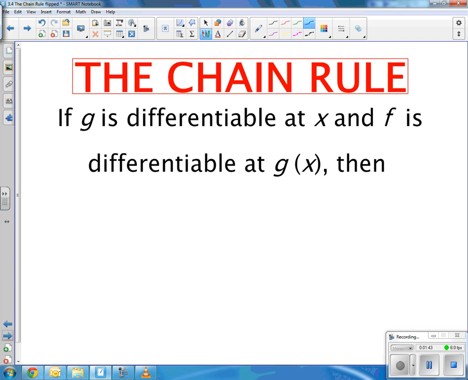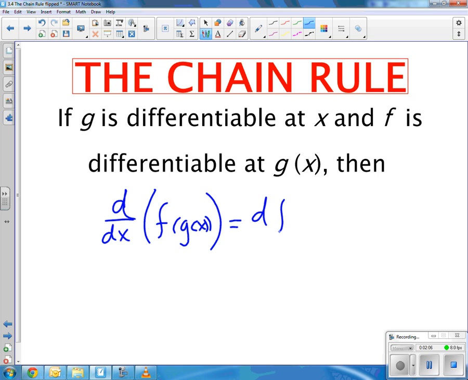So the chain rule says if g is differentiable at x and f is differentiable at g of x, then the derivative, so we're going to use our d dx notation here, the derivative of our composition f of g of x, equals the derivative of the function f at g of x multiplied by the derivative of g of x.